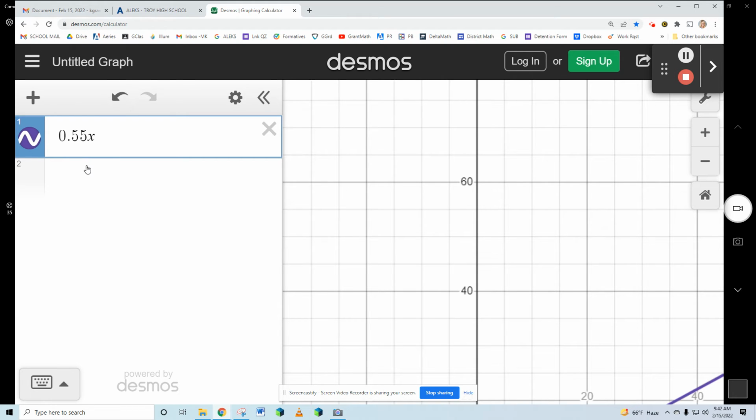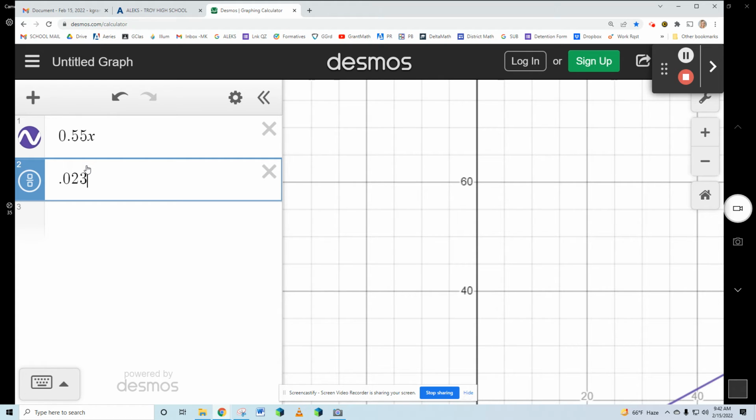Second one, click on the number 2 line in Desmos so it gives you a clean, empty cursor. 0.0023. Now, ready? You have to click on this little keyboard button down here. Everybody see this?